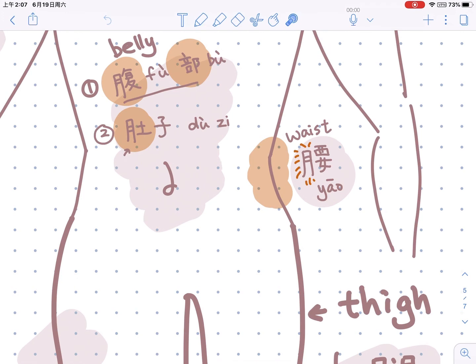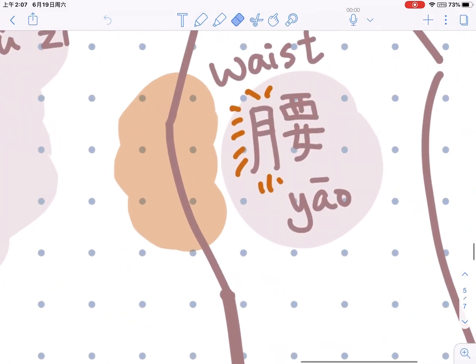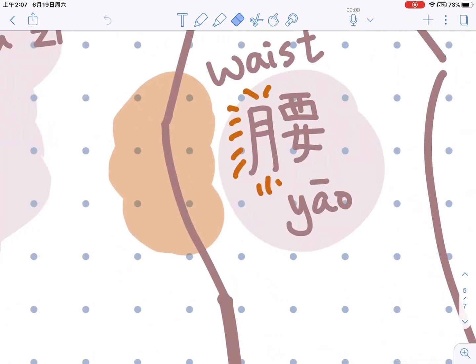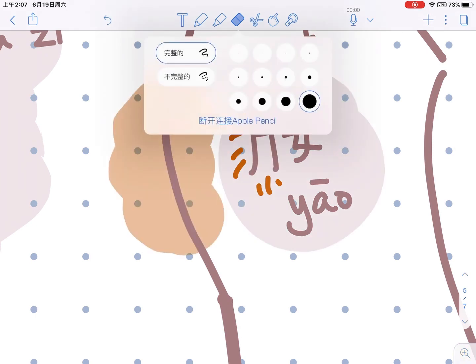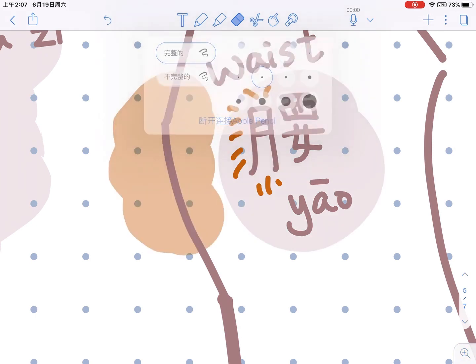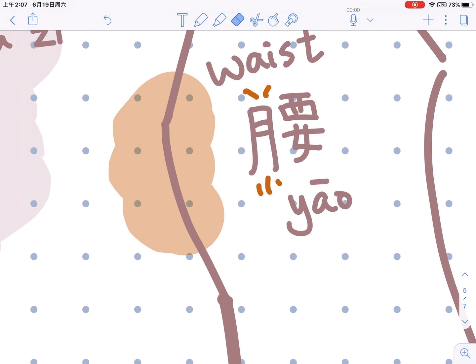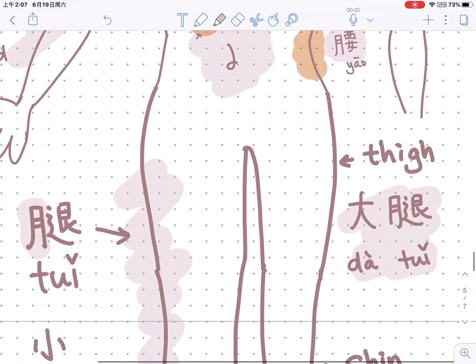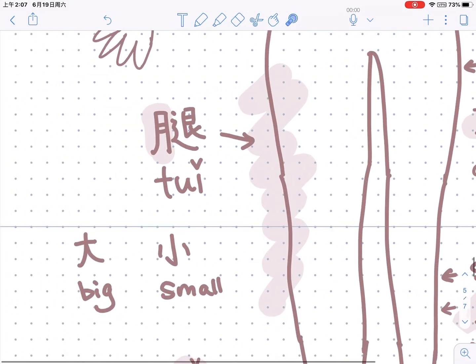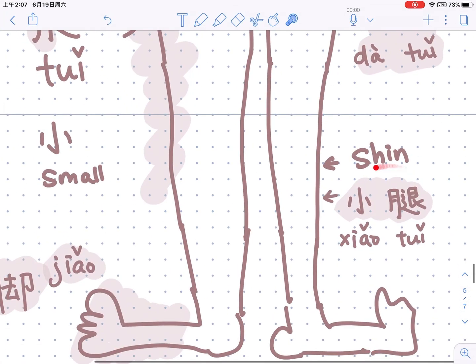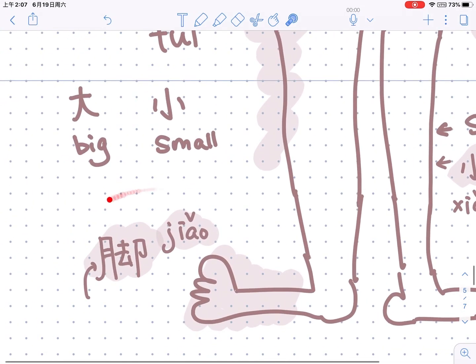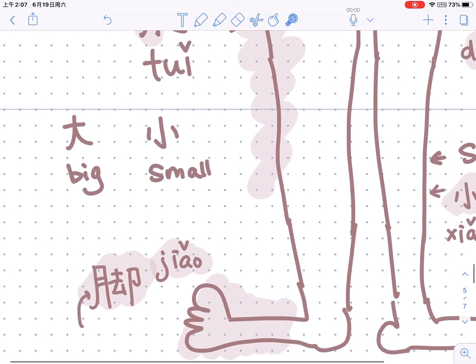And we have 腰 here, and just to remember, these are not part of the word. Here are just some signs. Here's the word 腰, and then we go on. We have 腿, we have 大腿, we have 小腿, and then we have 脚 here.